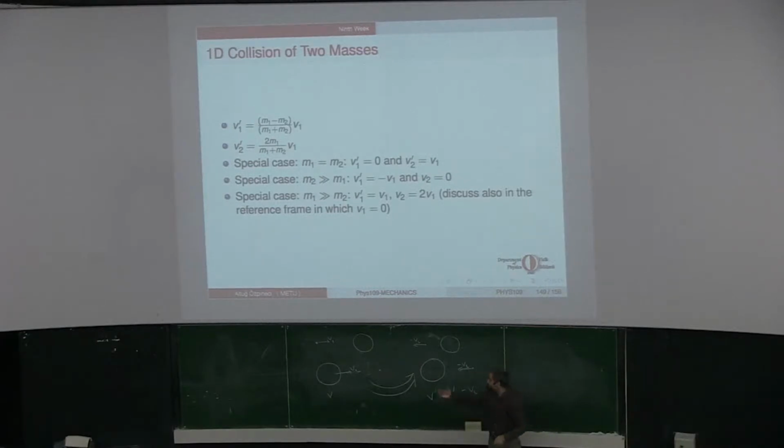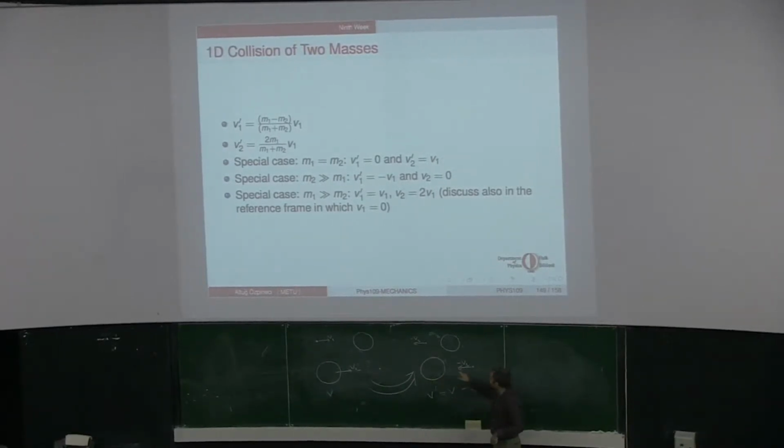Since this reference frame is moving relative to the first reference frame with the velocity v1, if you just review the section on relative velocities, the velocity in the second reference frame is given by the velocity in the first reference frame minus v1. That is why this is at rest, because initially it was moving with velocity v1. v1 minus v1 is 0. And this was at rest, so 0 minus v1. In this new reference frame, this has velocity minus v1.